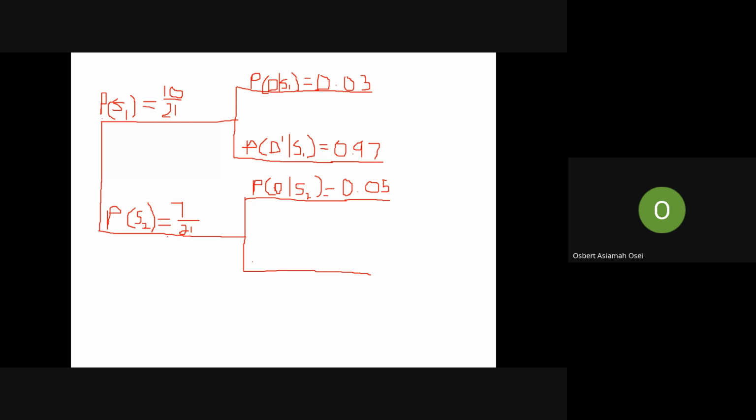And the probability of getting something good coming from supplier 2 from the question is 95%, that is 0.95.